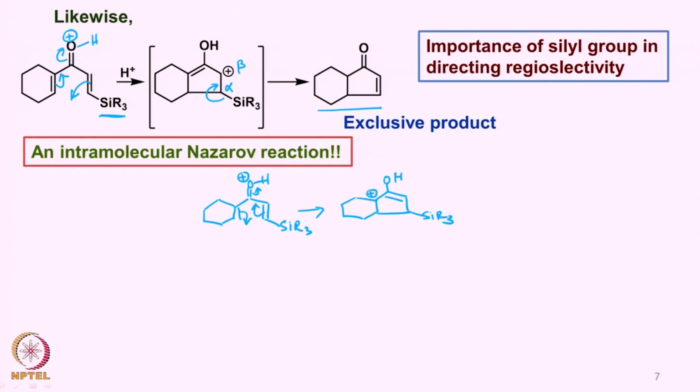Now in both the cases, the positive charge is stabilized as an allyl cation as well as by the silicon beta effect, but in this particular case it is only allyl, and of course it is tertiary. In this case it is secondary, but the silicon beta effect, the stabilization of the cation at the beta position by the carbon silicon bond, is more important, and therefore you get this particular intermediate, and this does not form the intermediate that we would expect it to form. So this is very different from what we saw in the previous case.